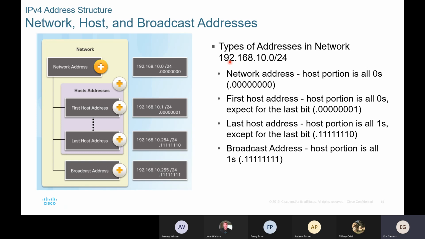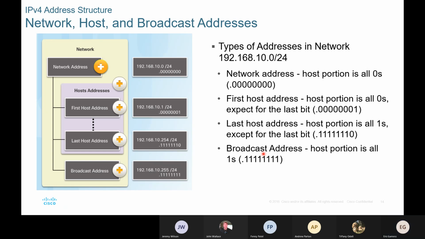And the last IP address, which we get by putting all the host portion to 1, is also a special IP address. It is called the broadcast address. We cannot assign the broadcast address to a network device. We get the broadcast address by filling all the host bits with 1.